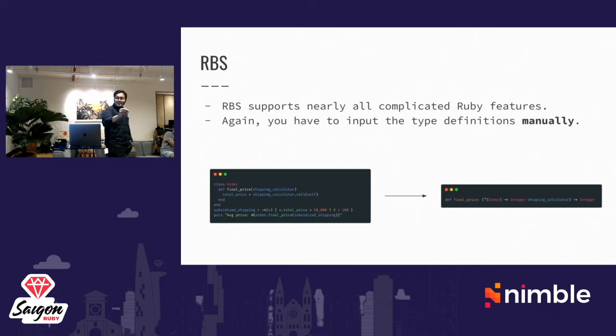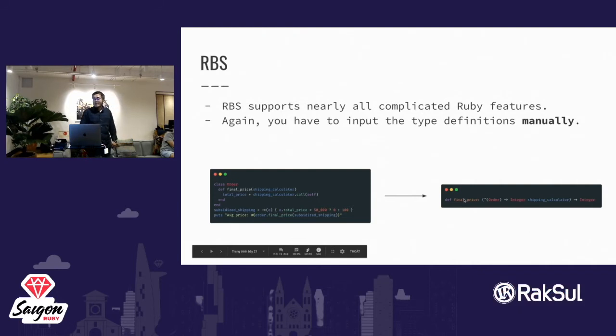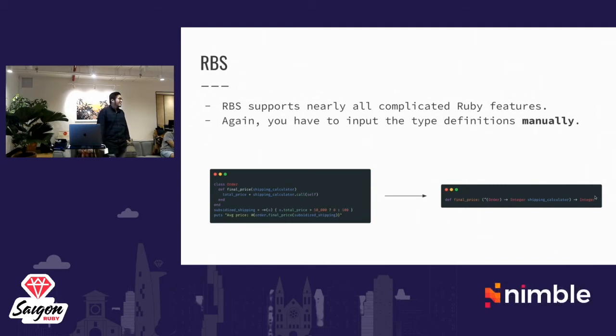So the final price method receives a block that receives an order and returns an integer, and then the whole method final price returns an integer. Ruby supports this.